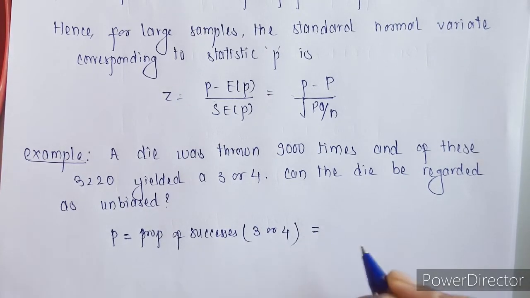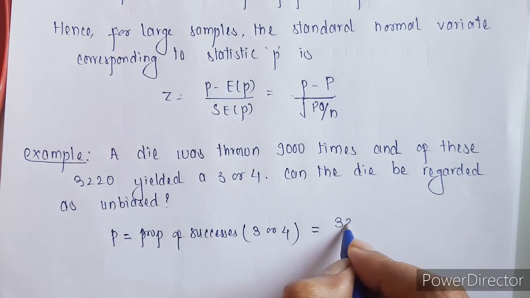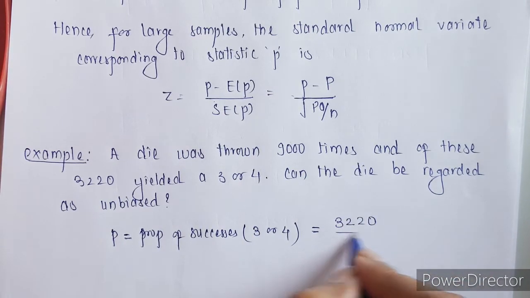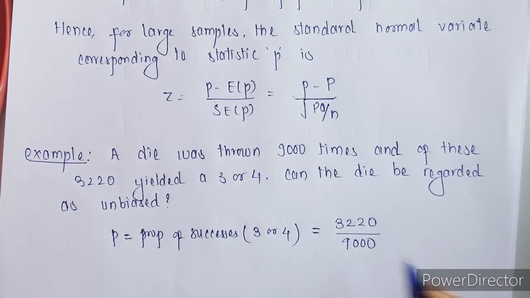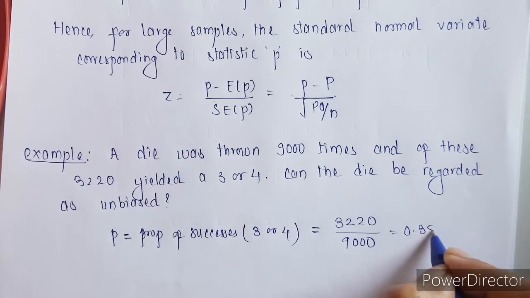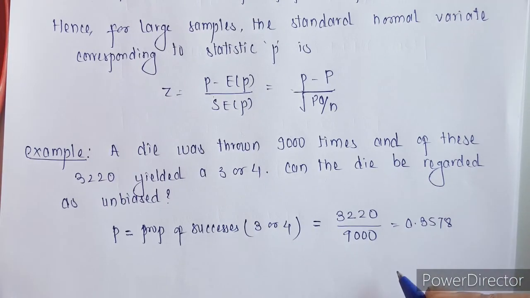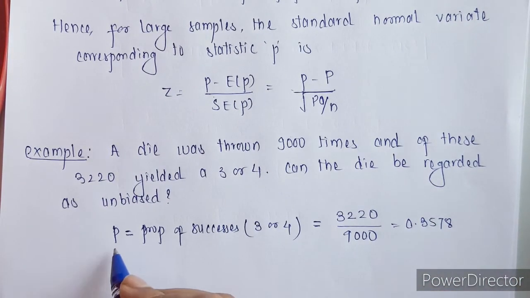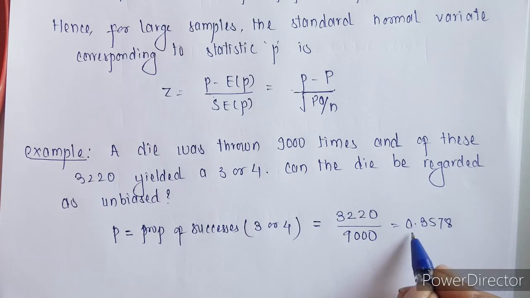And how many times we are getting 3 or 4 on a die? It is 3220 times out of 9000, which is nothing but 0.3578. So our sample proportion is nothing but 0.3578.